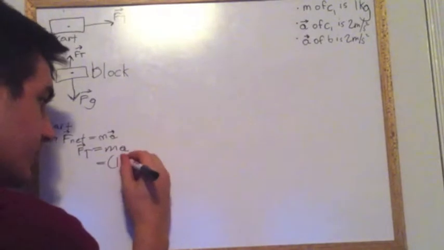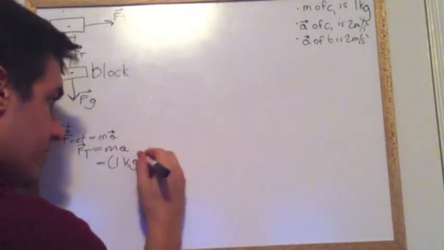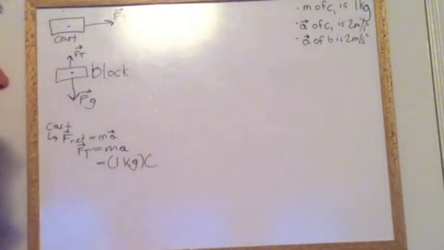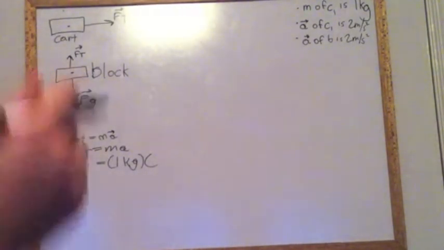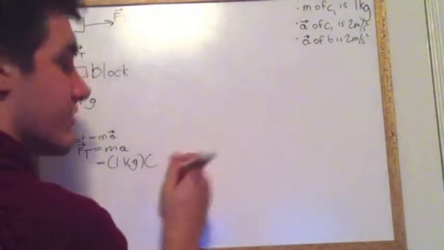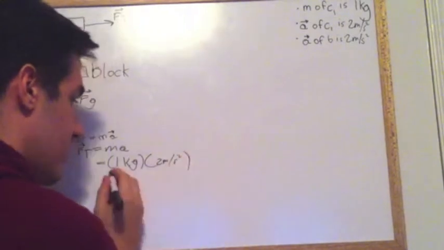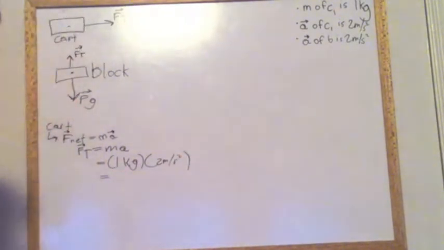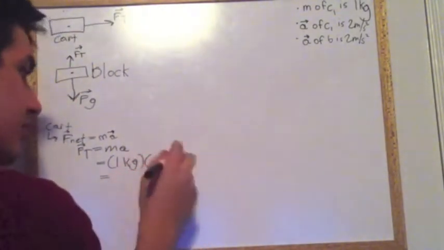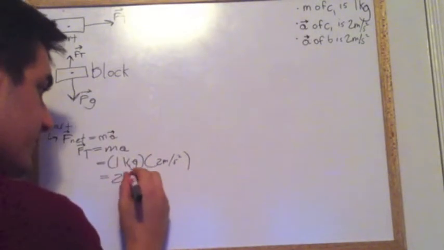So we can go ahead and write 1 kilogram here, plugging it in for M. And we also know the acceleration of the cart, but we'll also assume it's for the system, which is 2 meters per second squared. And common math, 1 times 2 is 2, and our units turn this calculation into newtons.